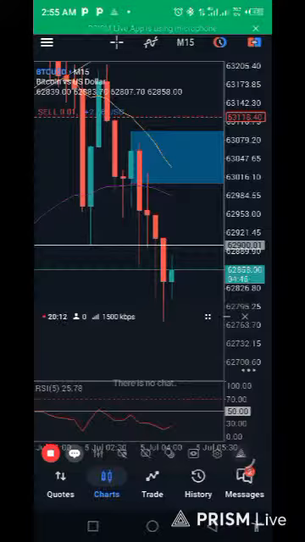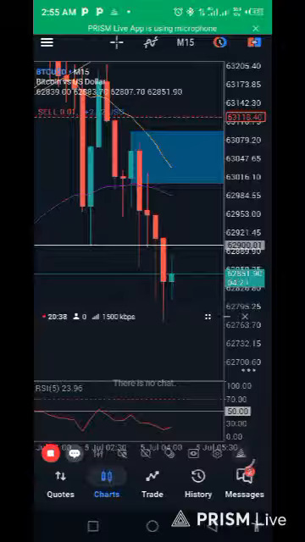Mind you, Bitcoin and Ethereum always move alike. They move in the same direction, the same pattern. Most times they move in the same pattern. If Bitcoin is going down, Ethereum will go down.